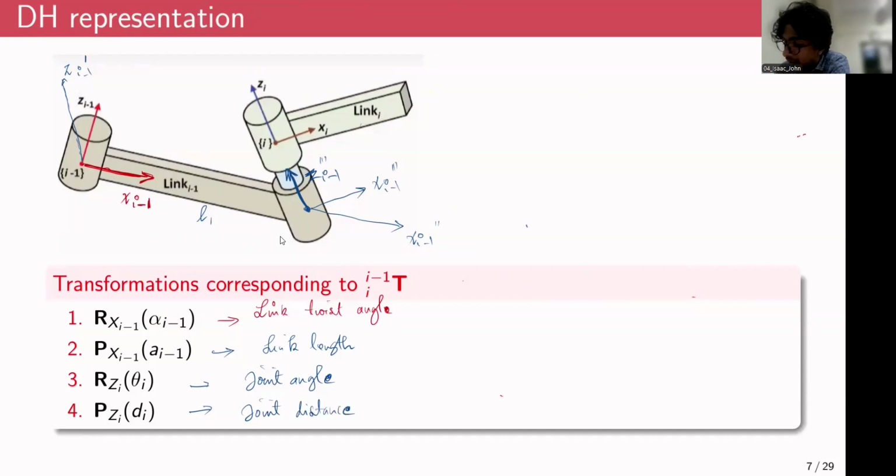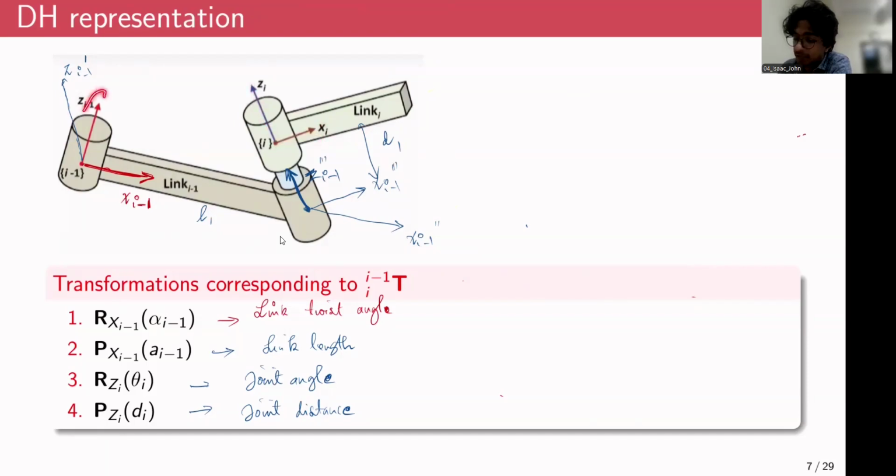And if there is a finite difference between these two frames, xi minus 1 triple dash and xi, if I call this d1, if you translate zi minus 1 triple dash and xi minus 1 triple dash by an amount d1 along zi, then after the final transformation, zi minus 1 with fourth dash and xi minus 1 with fourth dash will coincide with xi and zi, right?